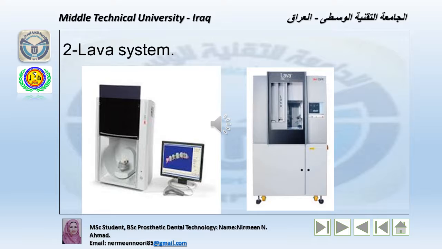The second system of the CAD-CAM is the Lava system. The Lava system, introduced in 2002, used a laser optical system to digitize information from the multiple abutment margins and the edentulous ridge. The Lava framework is designed to be 20% larger to compensate for the sintering shrinkage.